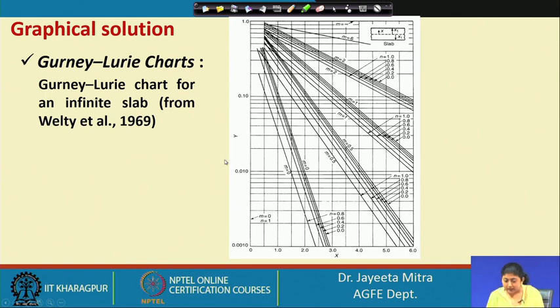And this m is nothing but the inverse of the Biot number, and m is varying here from 0 to 0.5, 1, 2 and up to m infinity. So, here m is 0, then m is 0.5, then m is 1, 2, 6 and varies to infinity.